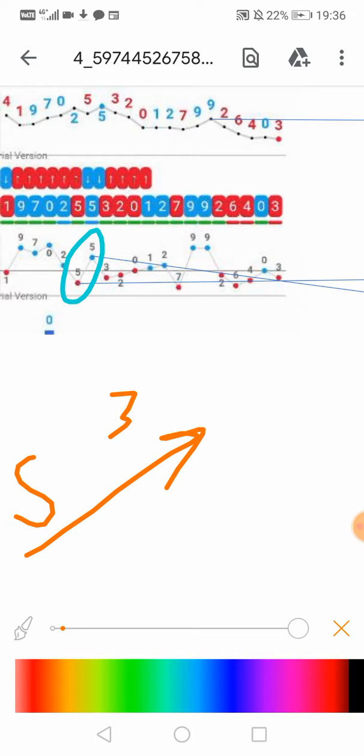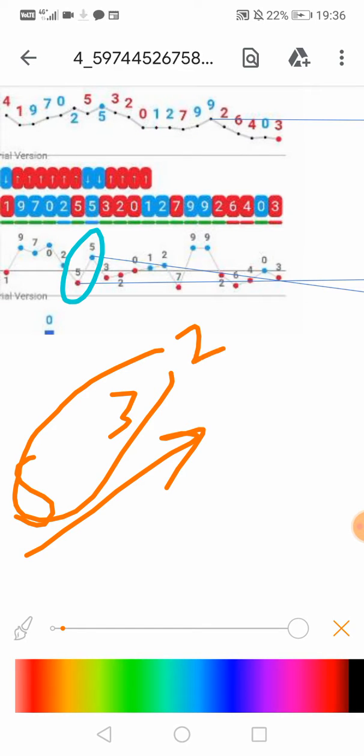I feel like this can put you in a position where it becomes easy to predict what's going to happen next just by seeing this rise from 3 red to 2 red. This is already telling you that this applies for this strategy.